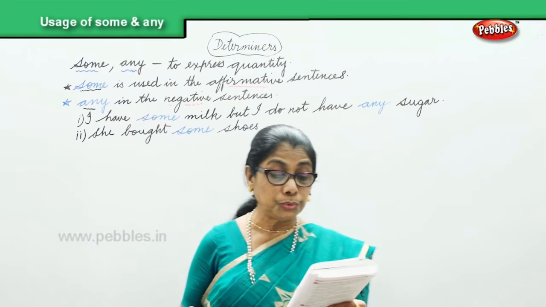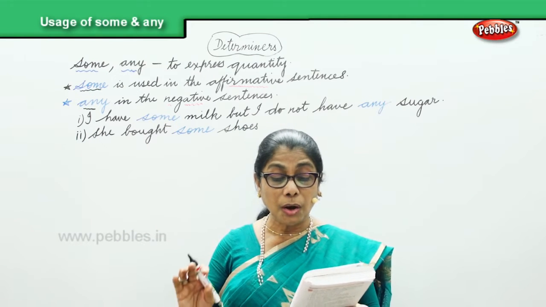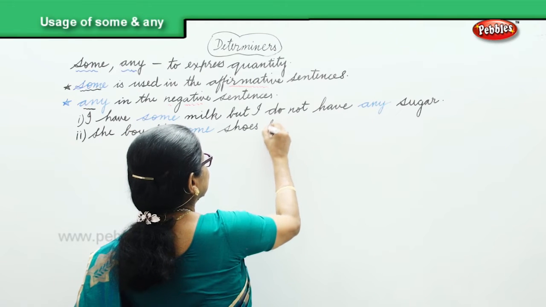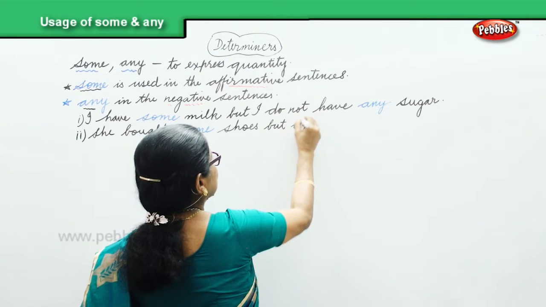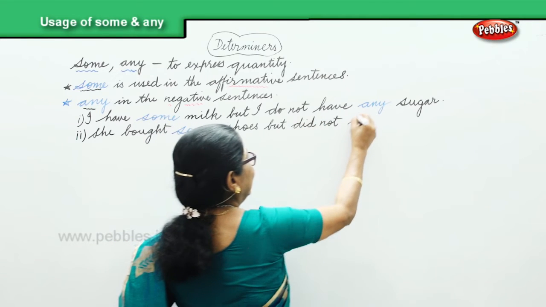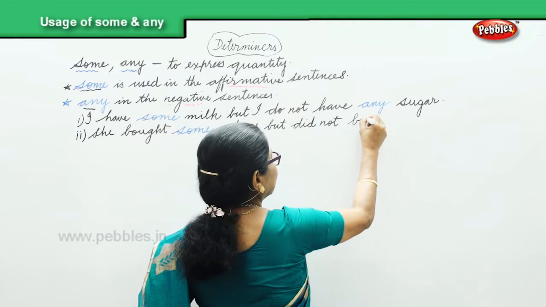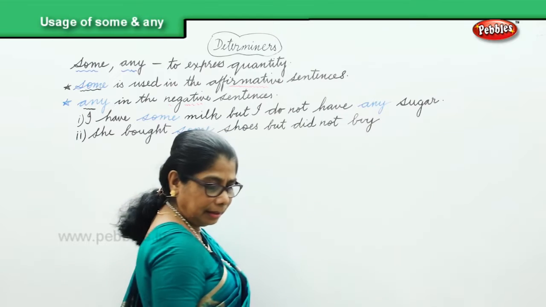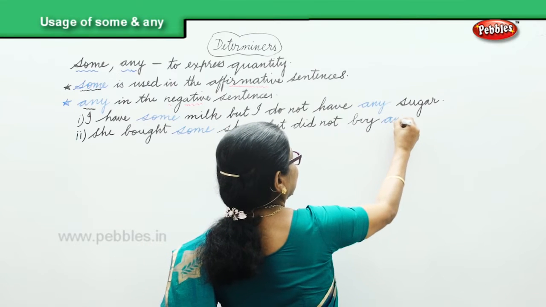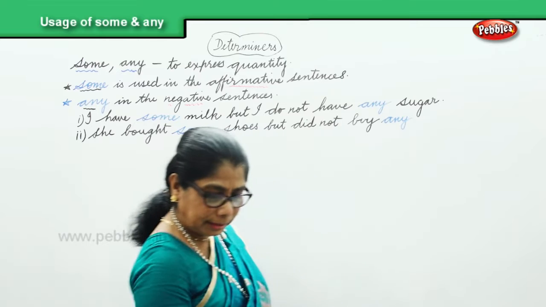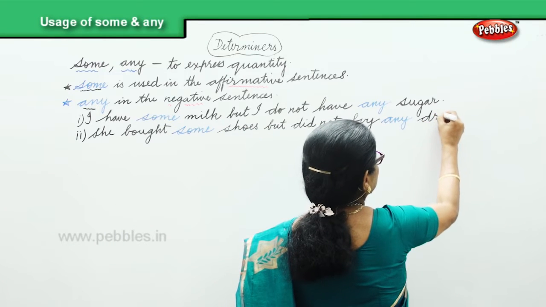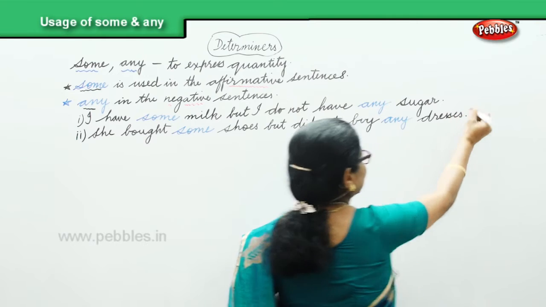She bought some shoes, but did not buy any dresses. Did not buy any dresses. Okay.